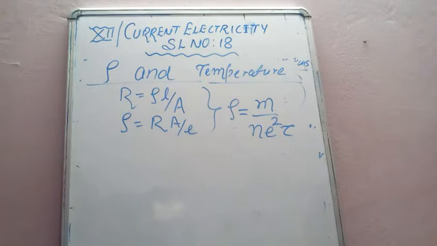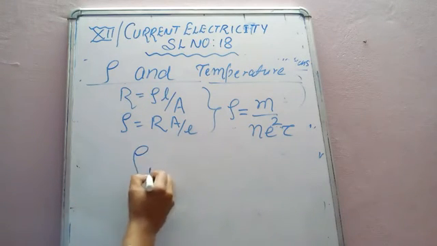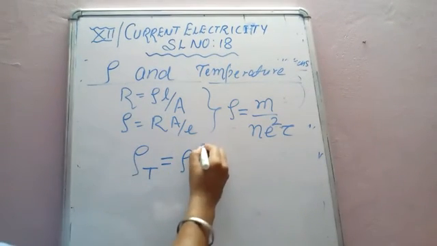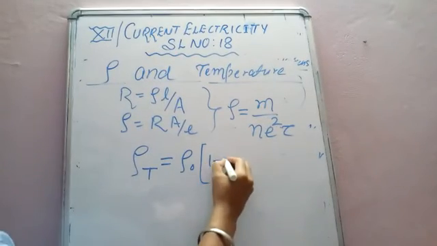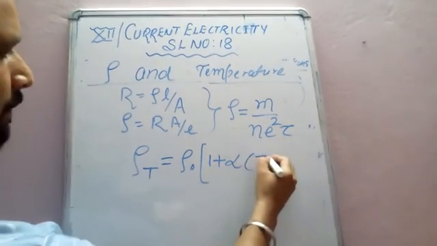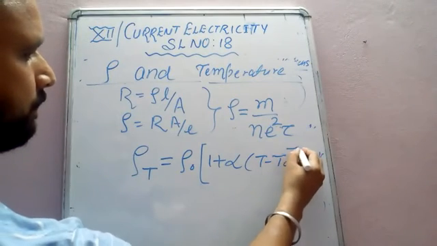resistivity with temperature is expressed by a relation given in NCERT, that is rho T is equal to rho naught into 1 plus alpha into (T minus T naught).